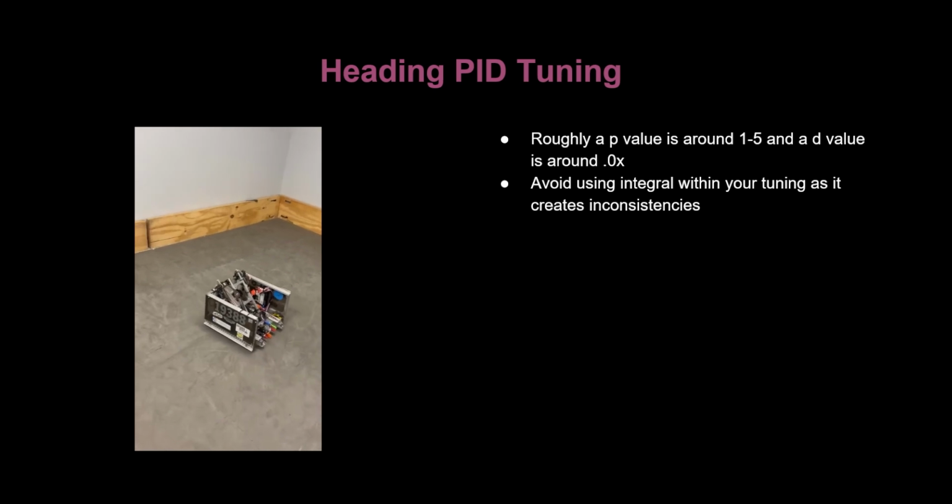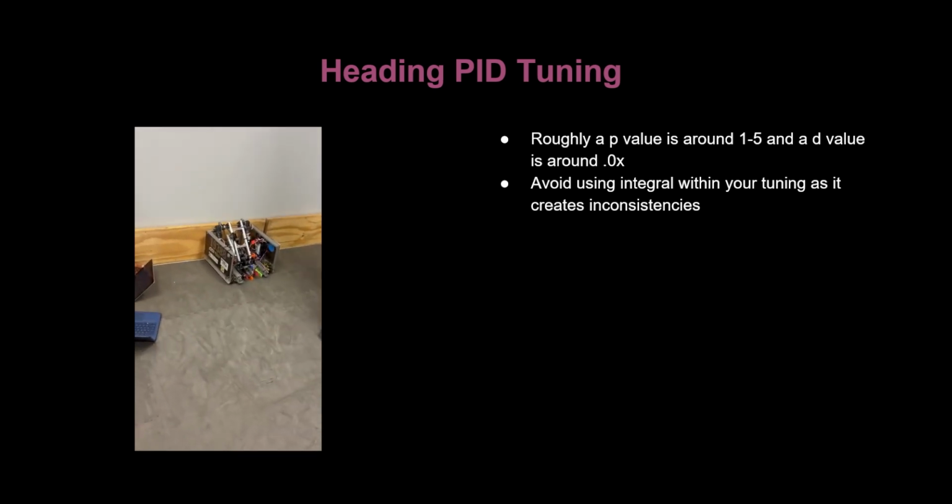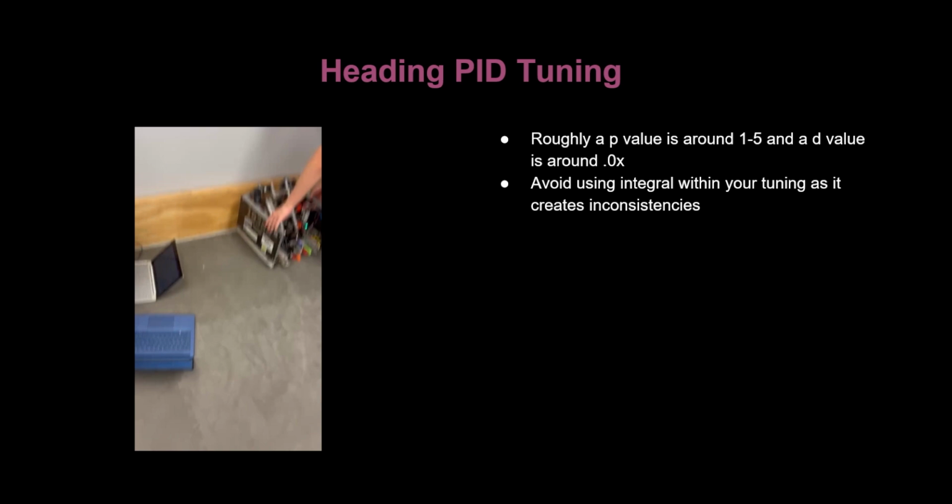Same thing as our translational. Avoid using your integral. I believe our feed forward value here was around 0.015. You can move your thousandths place up or down where you deem necessary.